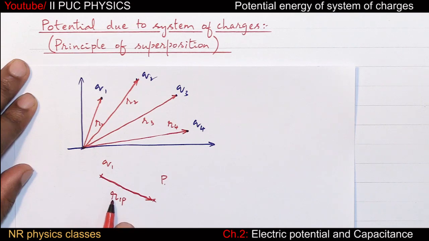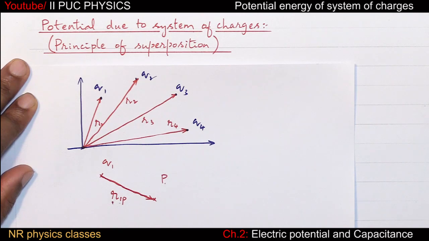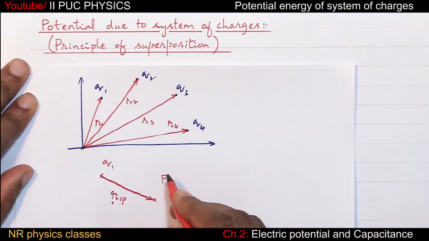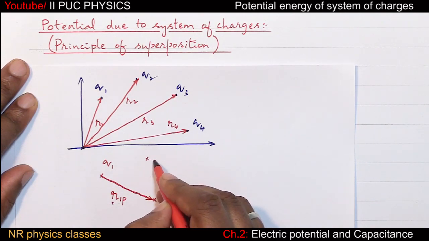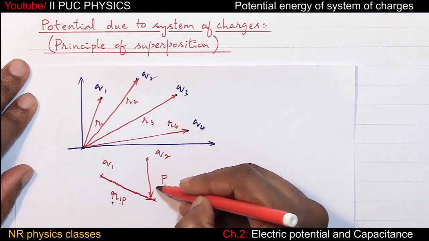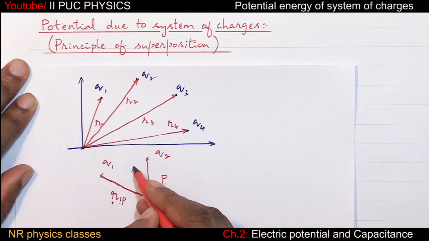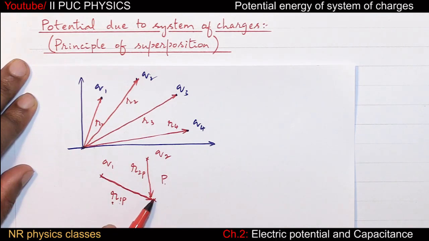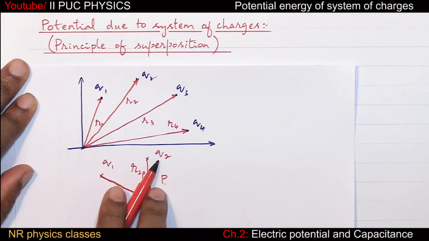Meaning, the position vector of P with respect to Q1. Similarly, if there is charge Q2, then from Q2 to P, this can be written as R2P, the position of P with respect to Q2, etc.